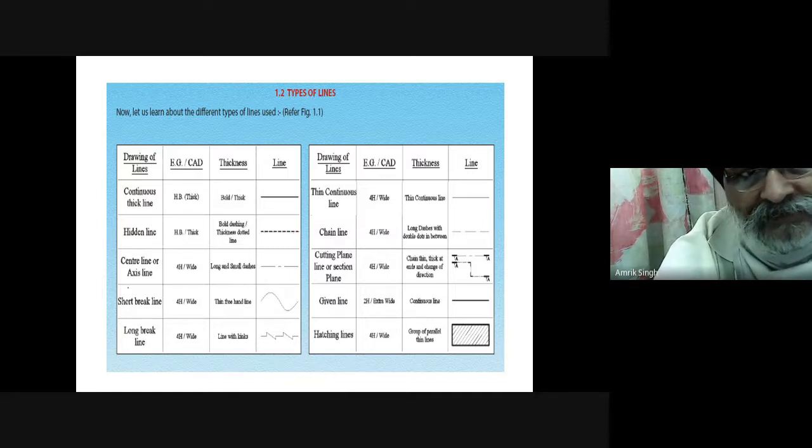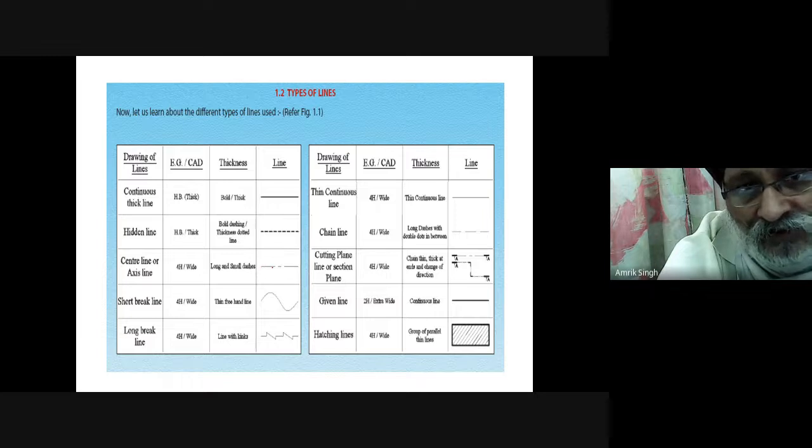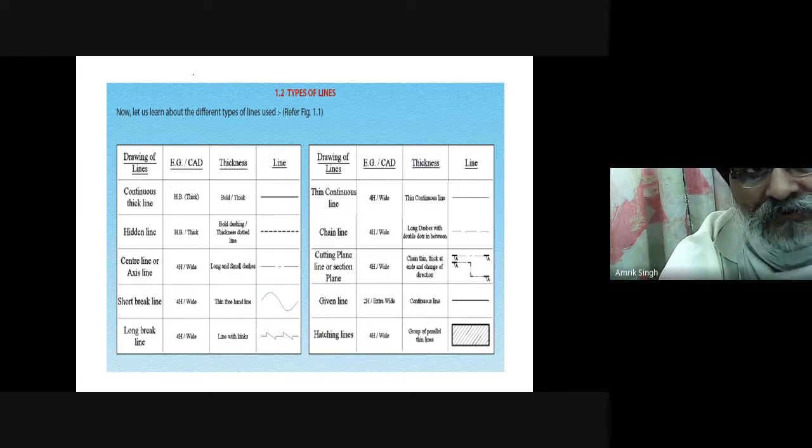Then the center line or the axis line. The center line is drawn like this: one long dash, then a gap, then a small dash, then a gap. It is drawn with the 4H pencil. Then the short break line. I can open it like this. It is a bold line. It is a dash line.